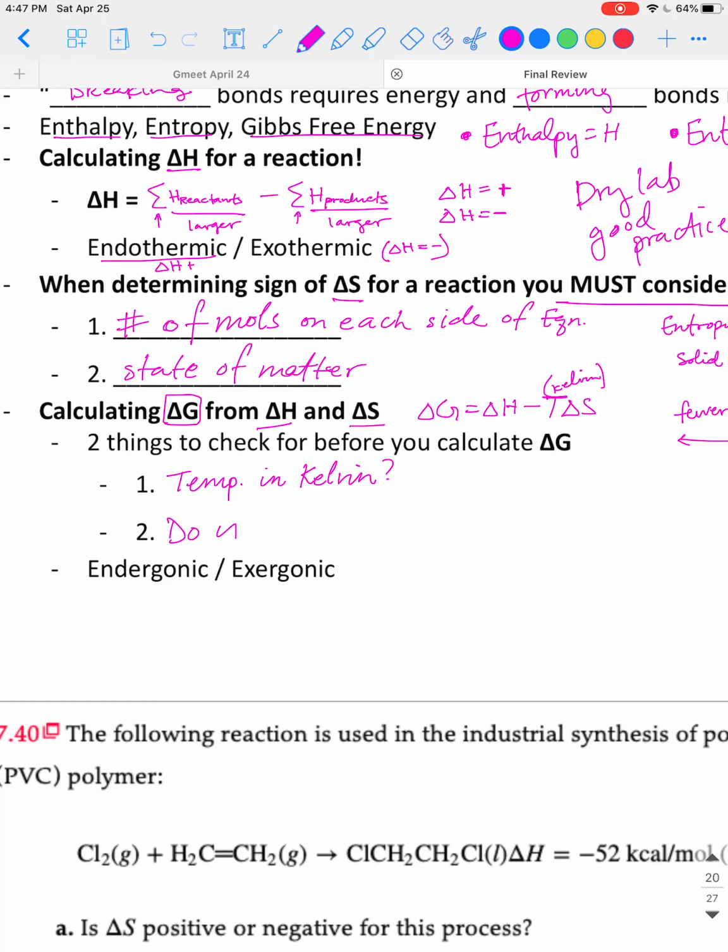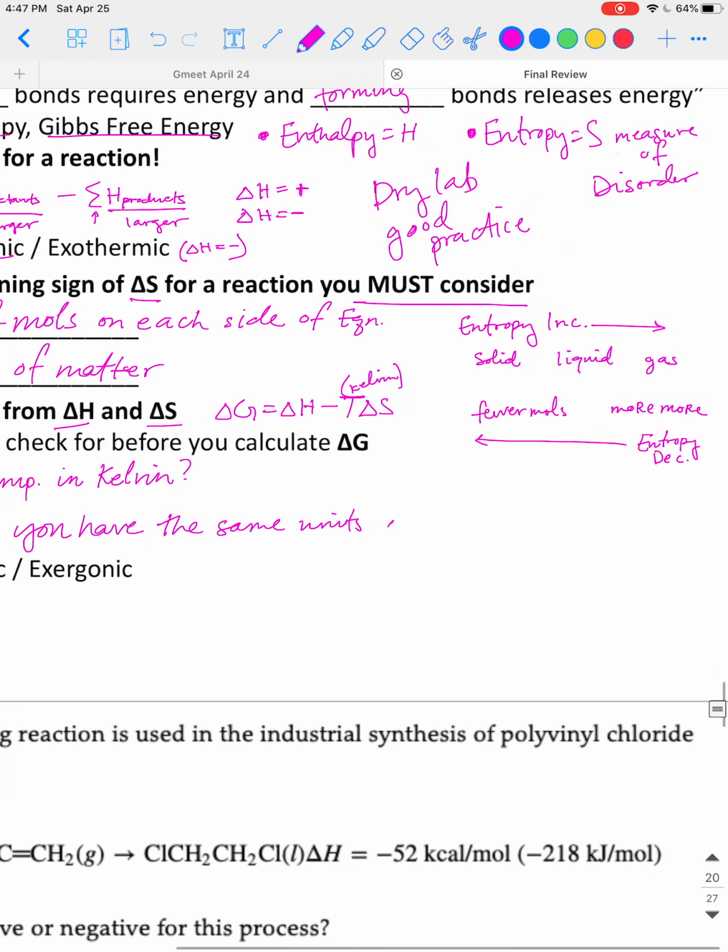Or is it in Celsius or Fahrenheit? If it's not in Kelvin, you've got to convert it to Kelvin. And then number two, do you have the same units on delta H and delta S?